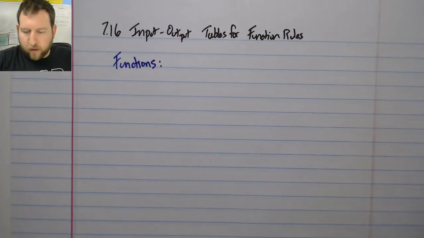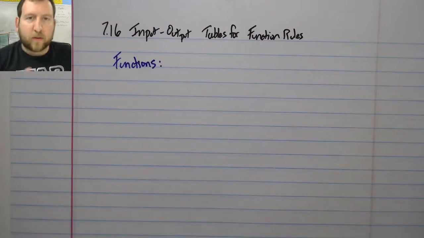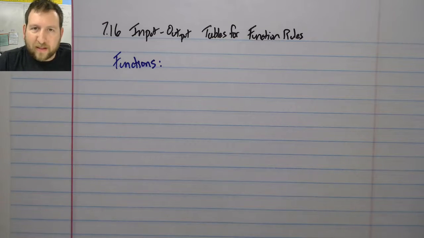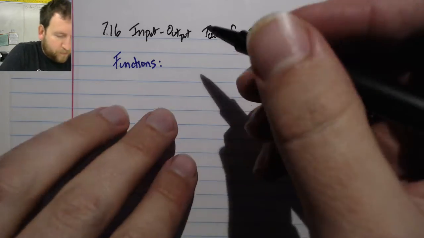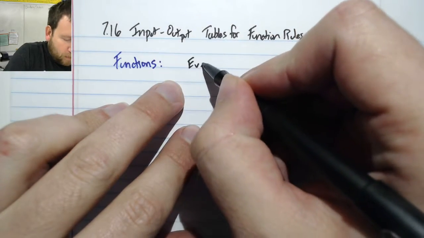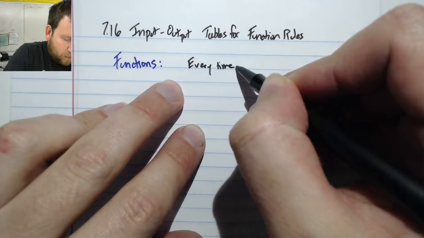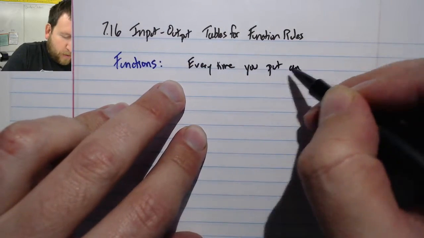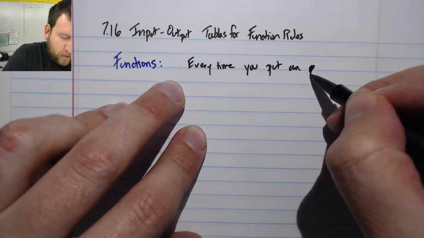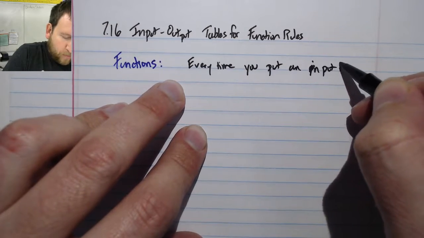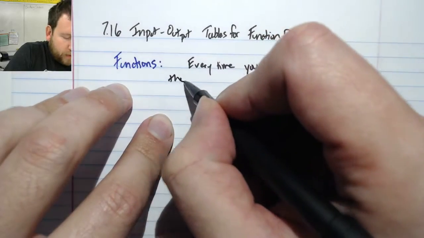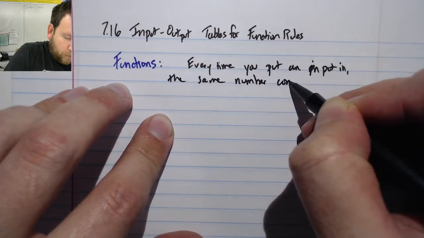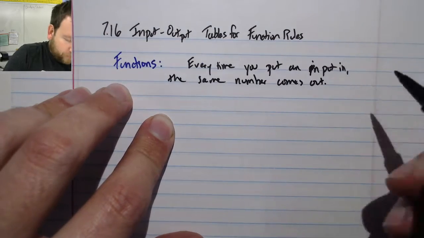And remember, the rule that we learned so far was that every time you put an input in, the same number comes out.